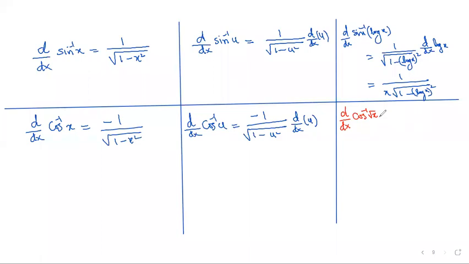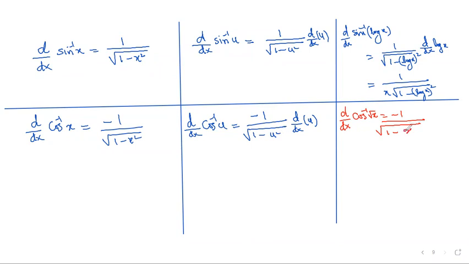Johar, answer me. Derivative of cos inverse root x. So minus 1 divided by root 1 minus root x whole square.